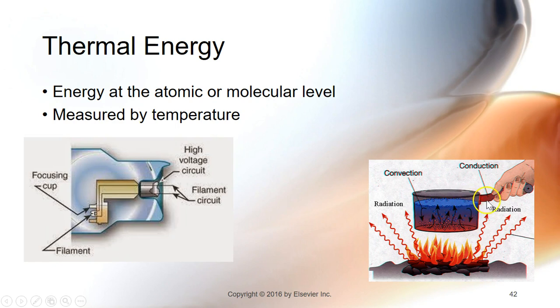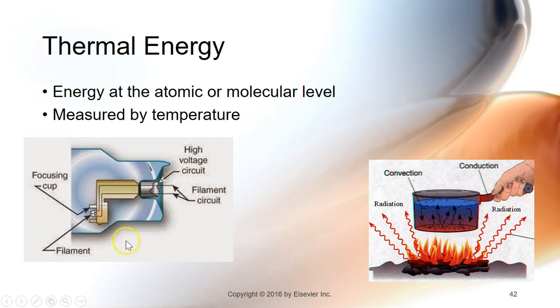Why do our pots nowadays have rubber around this? Because if you didn't, you wouldn't be able to hold it. I still have a couple of older pots, especially my cast iron, where the whole thing gets hot, so I have to use pot holders. So the conduction of thermal energy is very important.